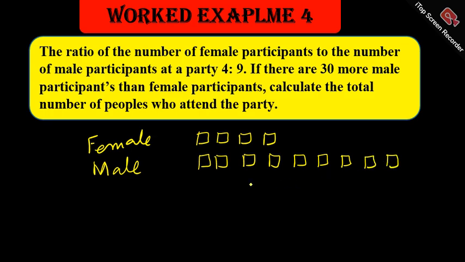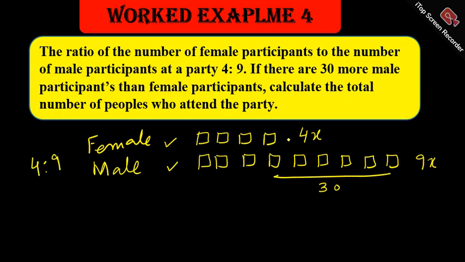Now the question is that there are 30 more male participants, meaning this portion is more by 30 than the female members. As the ratio says, females are 4, so we can write 4x and let the male members be 9x, because the ratio of female members to male members is 4:9.